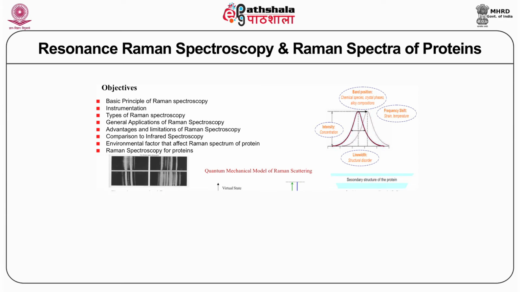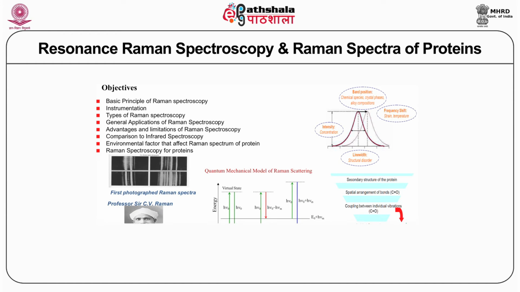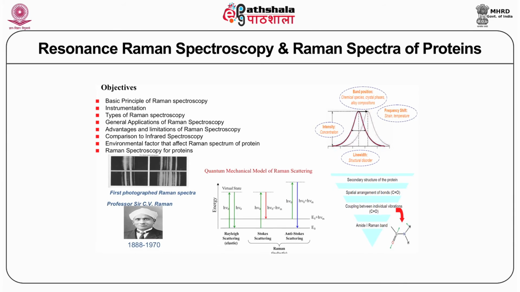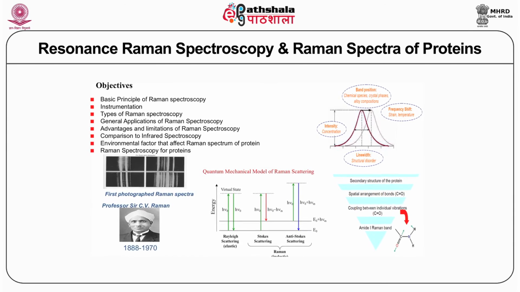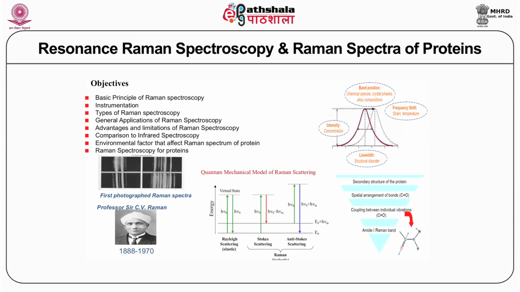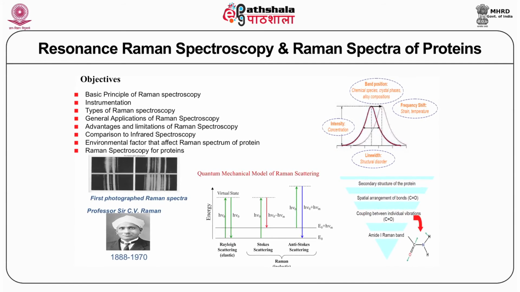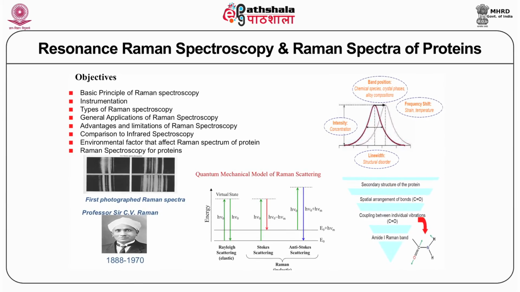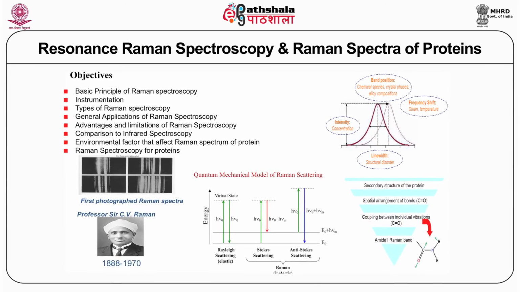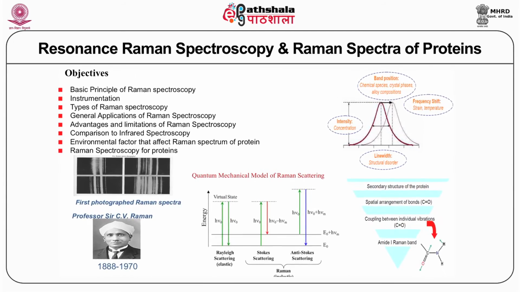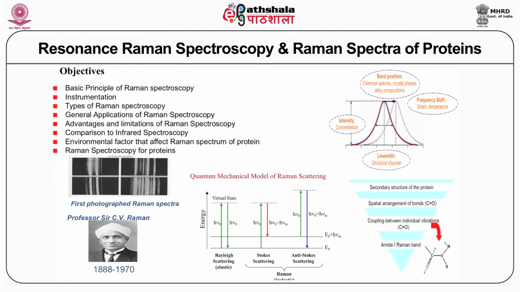Raman actually also comes under the IR region, but Raman is different from the conventional IR or FTIR. So what is Raman spectroscopy, what different types of Raman spectroscopy are there, how is it useful, what are the applications, what are the advantages of this over the IR, and what are the limitations of Raman over IR.